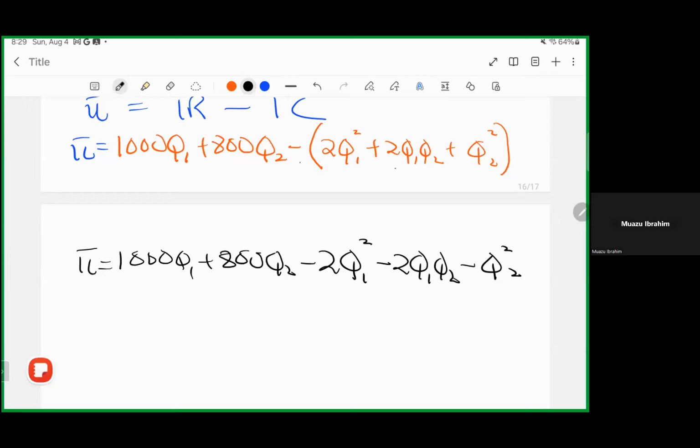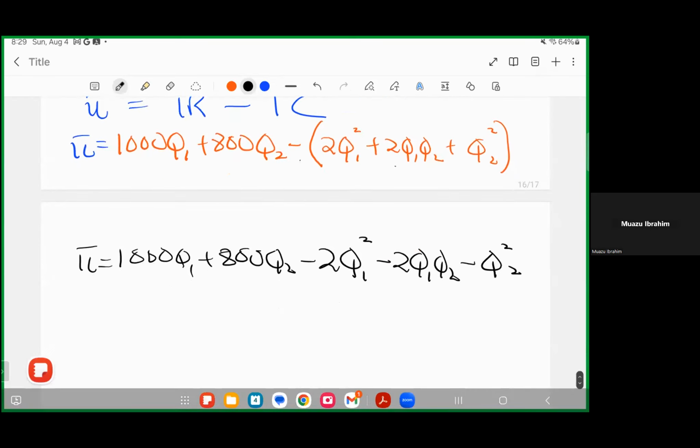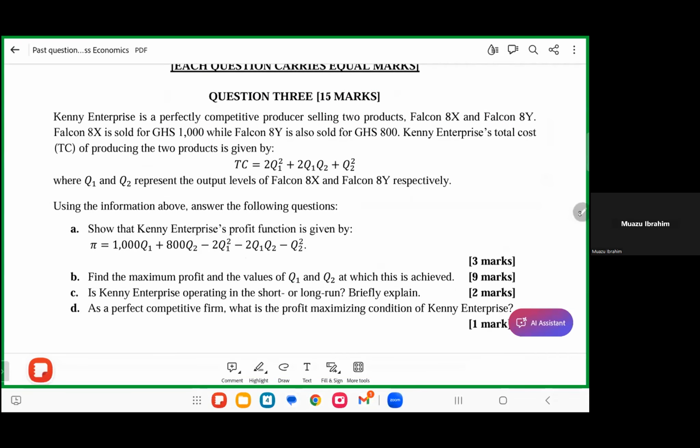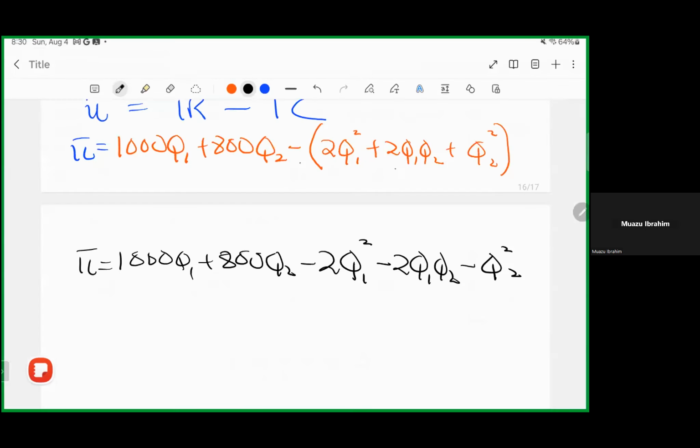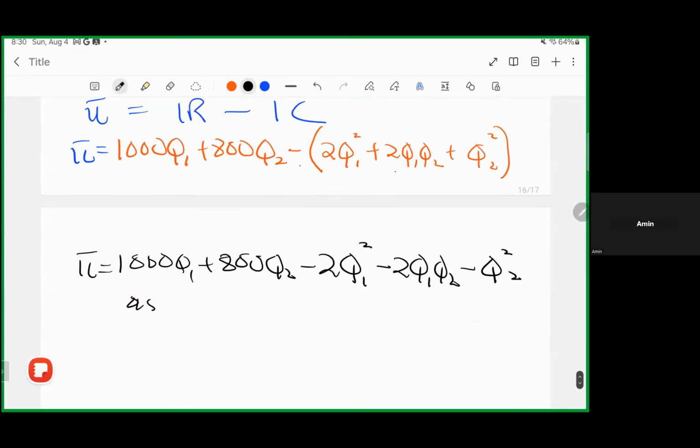And they are saying we should show that, as you can see, profit is the same as 1,000 Q1 plus 800 Q2 minus 2Q1 squared minus 2Q1Q2 minus Q2 squared, which is the same thing that we have found here. So, as shown.